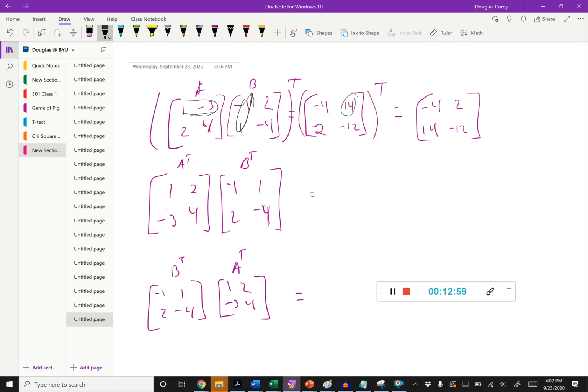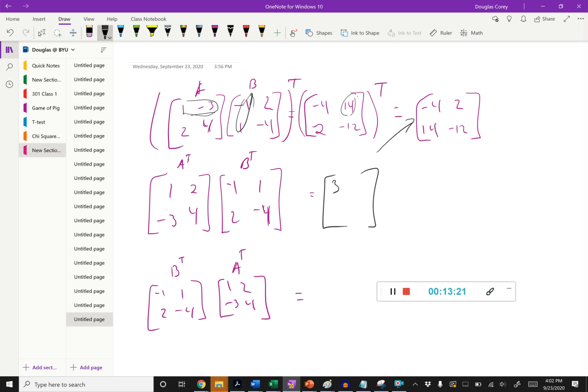If you think, well, maybe that should just be A transpose B transpose, I wrote down A transpose B transpose down here. And then our first entry is 1 times 2 plus -1 times 2, and that is 3. And that's not the same as the -4 we have there. So this isn't making sense.